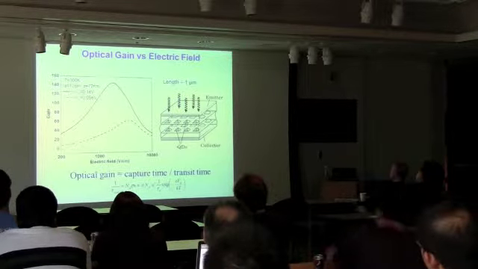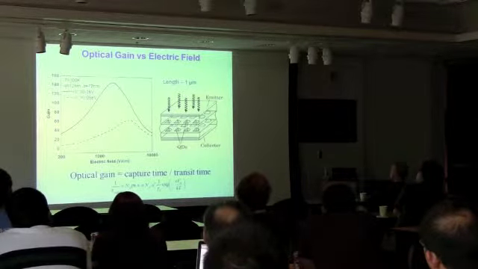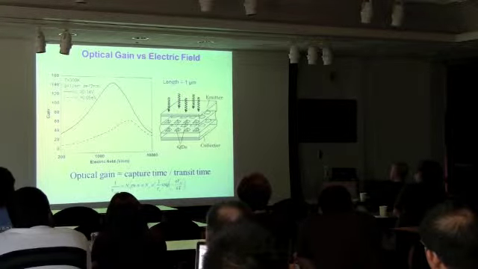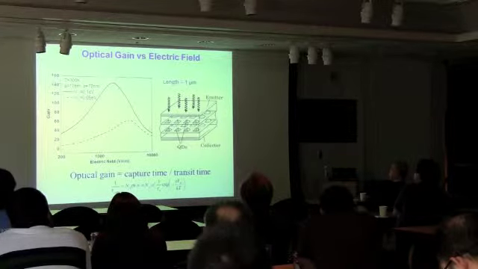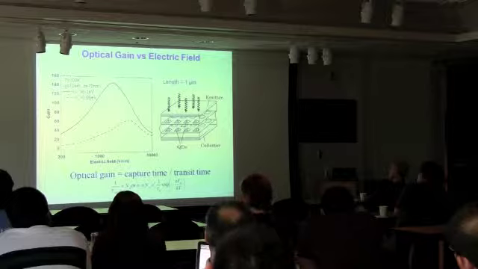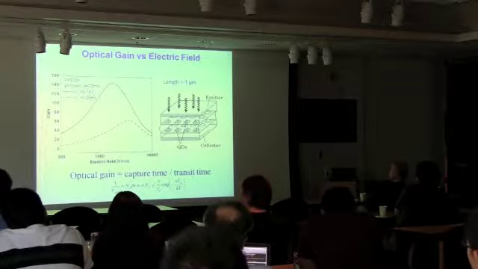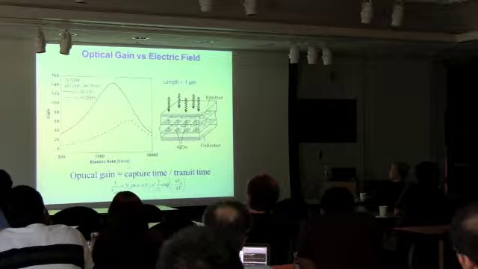If I increase the electric field, then if you recall, this capture time is practically constant at first, but as electric field increases, electrons go faster and faster through the circuit. So the gain increases. So experimentalists always try to apply as high a voltage as possible, because the conventional wisdom is that it will continue to go up and up. But in reality, it reaches a maximum because there will be a very fast decrease of the capture time, because the electron will be hot.